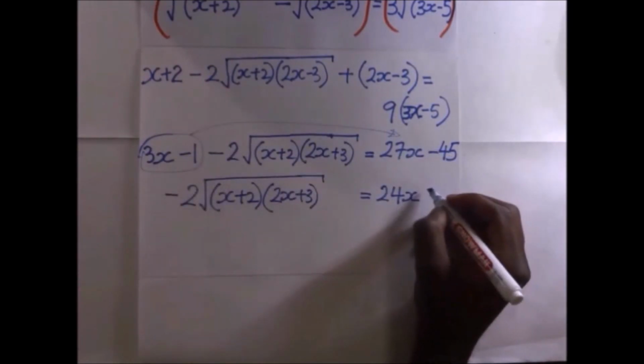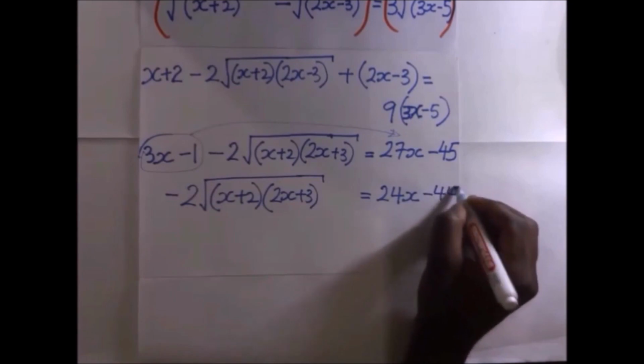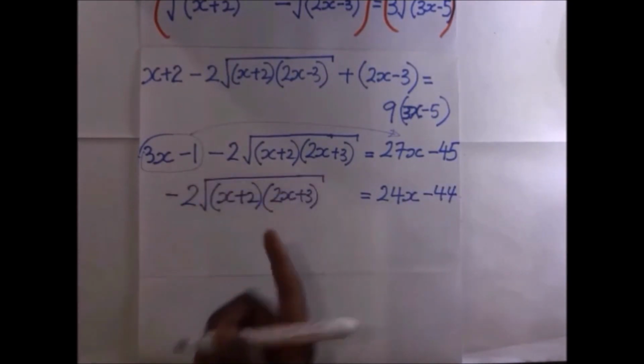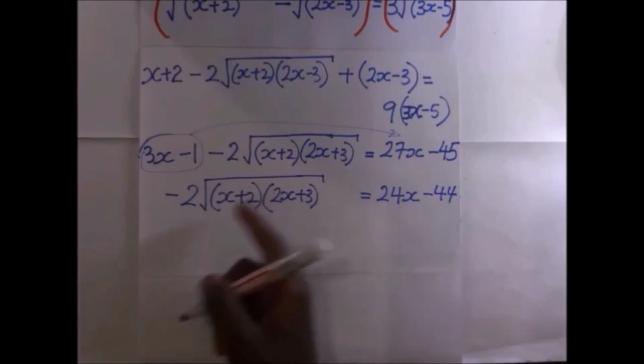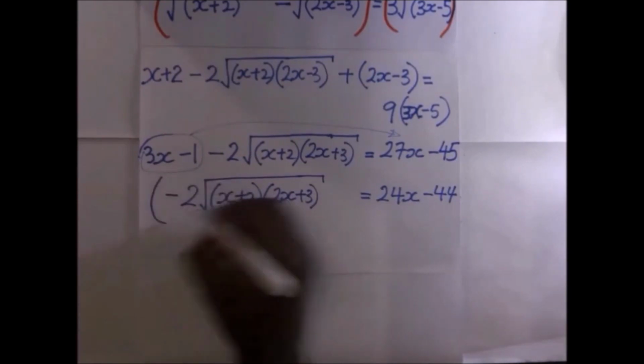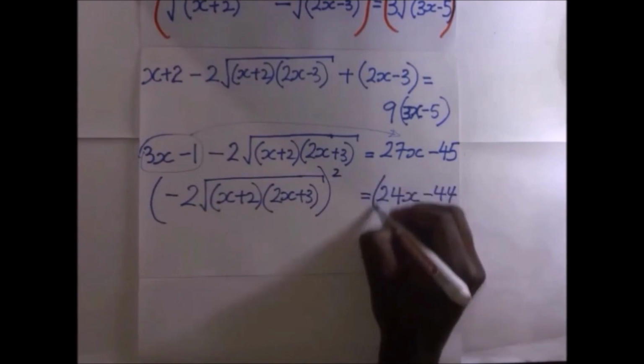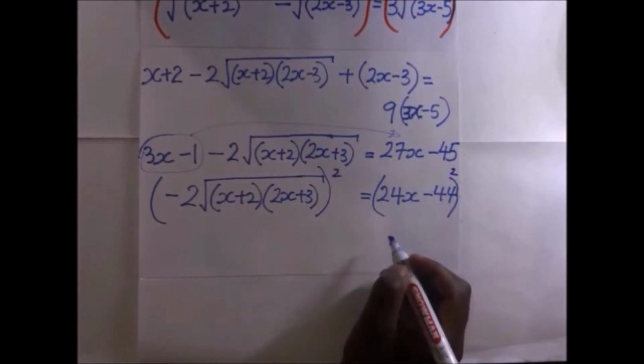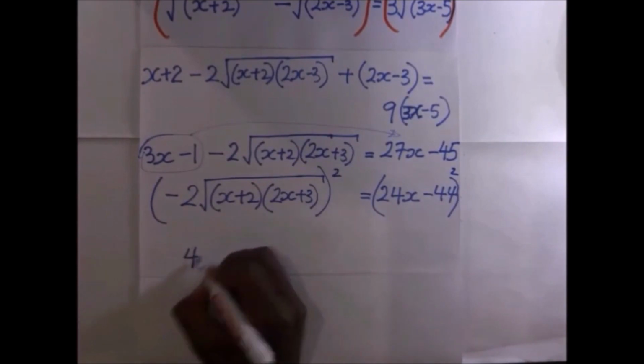Then negative 5 plus 1 is going to give us minus 44. Now, again, to eliminate this square root sign, we square both sides. When we square both sides, it means this is squared and that is also squared.